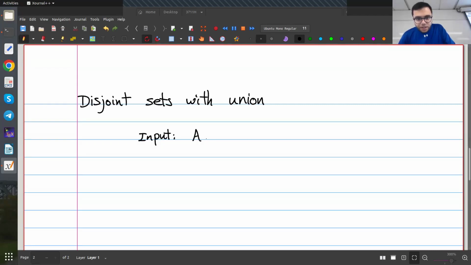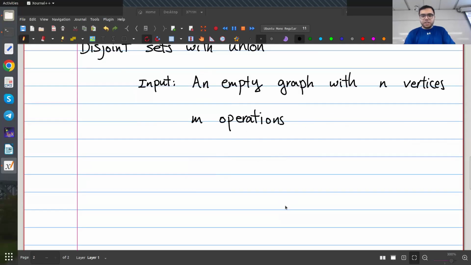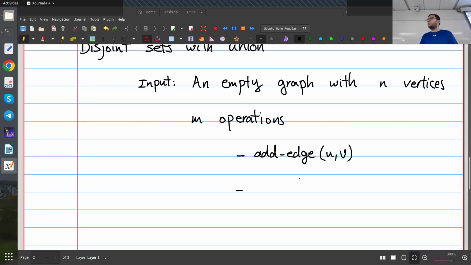First I have an empty graph with n vertices, so I just give you n. And then let's say I also ask you to perform m operations. Now, each operation is one of these two. It's either asking for me to add an edge between u and v, so it literally just adds this edge to the graph, or it asks me a question.